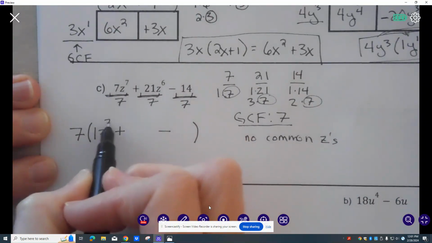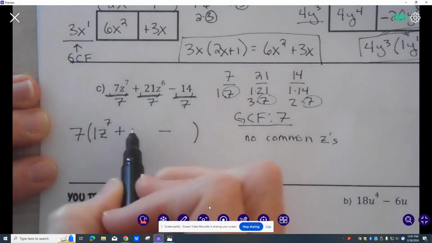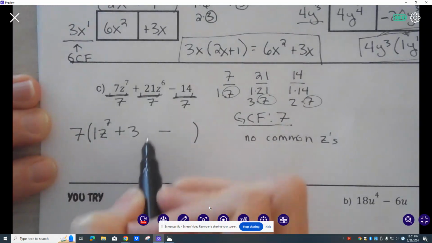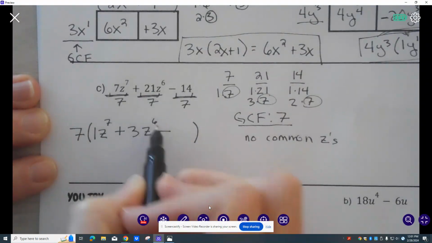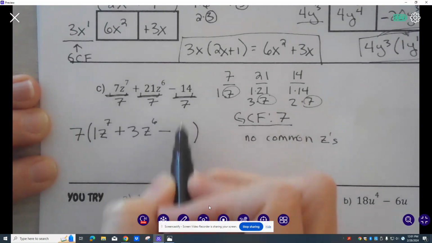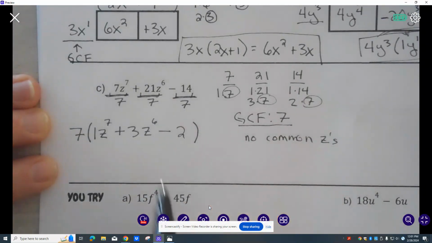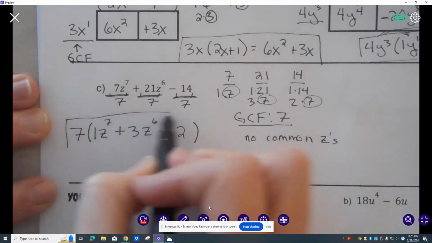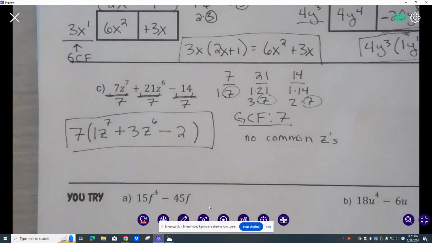Z to the 7th is still there. 21 divided by 7 is 3. Z to the 6th is still there. 14 divided by 7 is 2. I already filled in that plus and minus, so this is done.